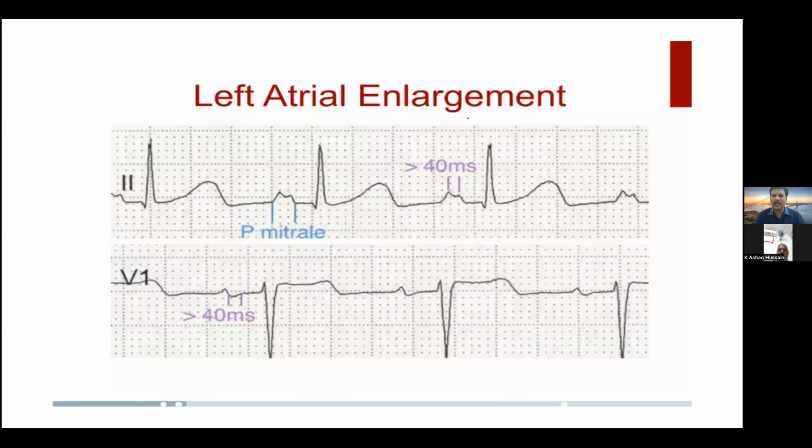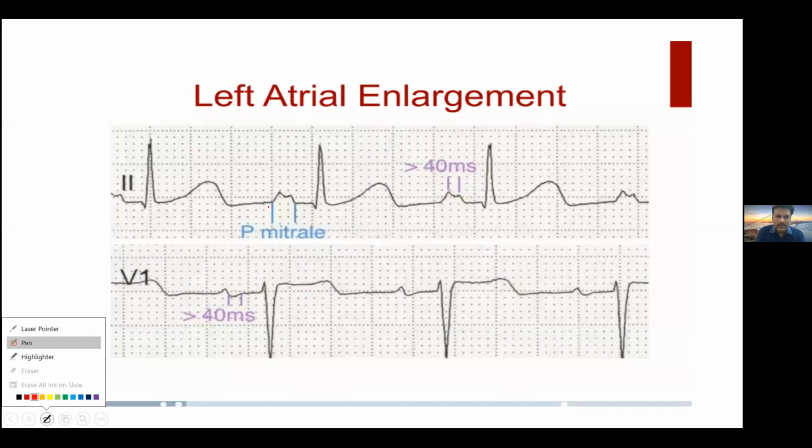Now I will get into why it is happening. Now you see the left atrial enlargement, from SA node to the left atrium, completely it travels for a longer time.